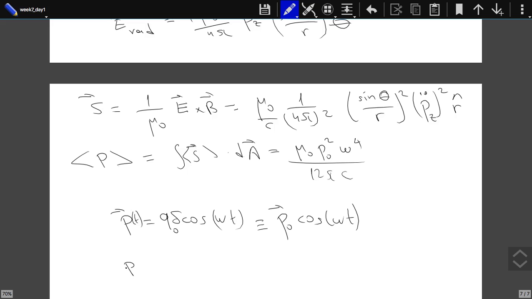Let's see, p double dot is equal to minus omega squared p because of the particular choice of the dipole moment we have. It doesn't really make too much of a difference because whatever motion you have, you can always write it as a sum of some cosines and sines of different frequencies.